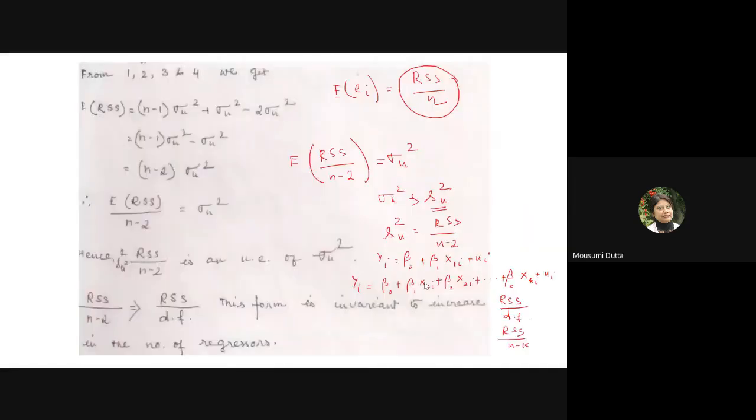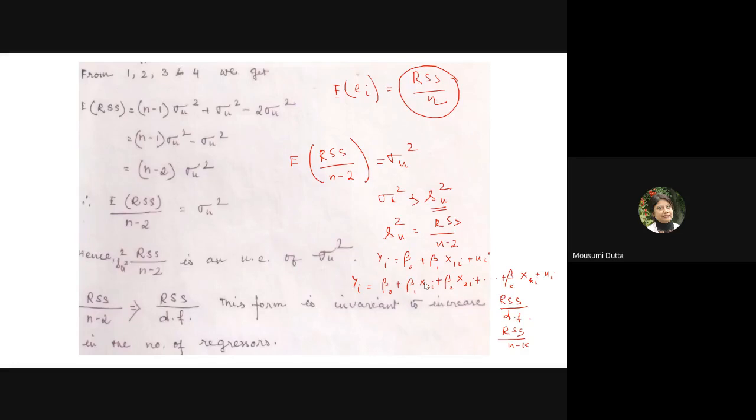Any other thing? Any other question? So with this, we complete the analysis on estimation part. The estimation part is complete. Next, we will move towards hypothesis testing.